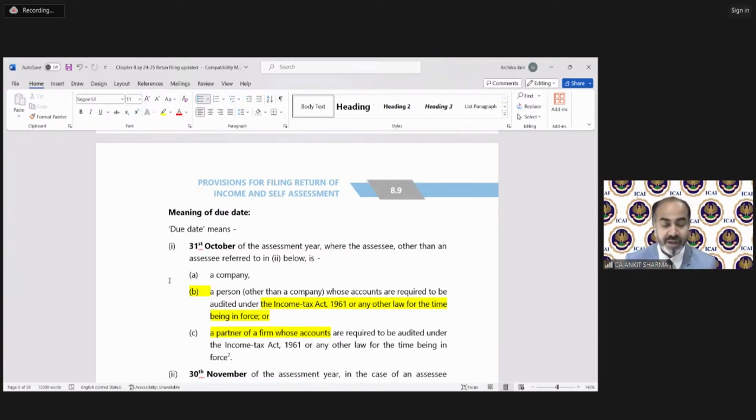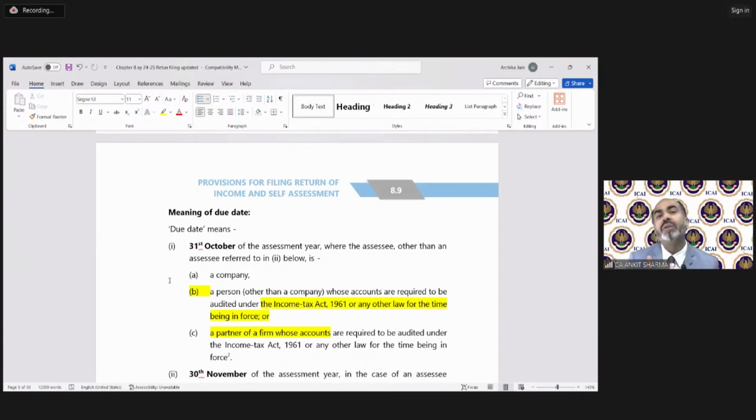And due date means that you do not need to pay any kind of interest or penalty connected to filing of return if you file that return up to the due date. So due date is not the last date. After the due date, a return can be filed, but with certain penalty, interest or fees. But after the last date, you cannot file the income tax return.